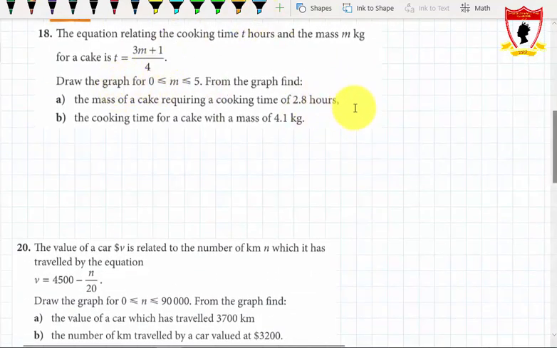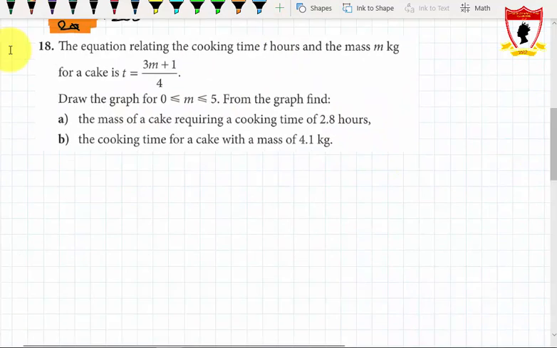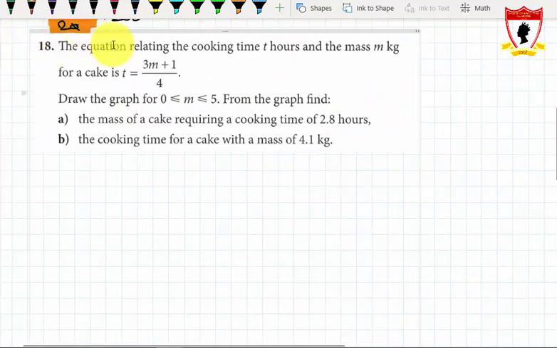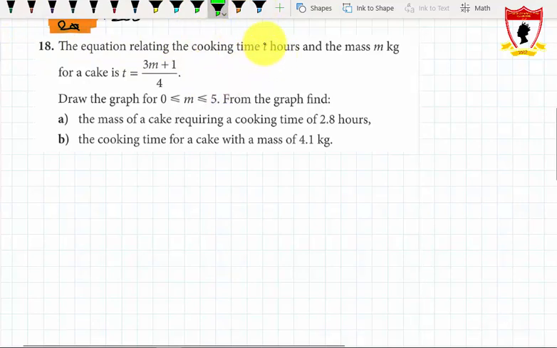Question 18 sounds like the previous question. The equation relating the cooking time T, so T works like Y, because T is equal to something containing M. T means time in hours and the mass M in kilograms.